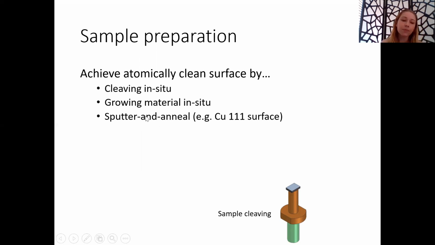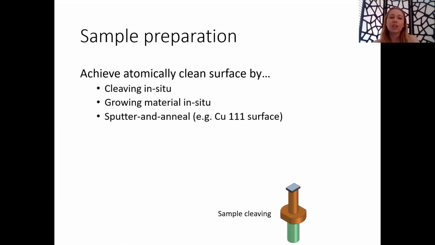And then finally, sputter and anneal is another way of achieving a clean surface. So basically, you put a material into the vacuum chamber that might have some impurities on the surface, and you come in with a sputtering gun, which basically shoots typically high energy argon at the sample, and that can knock off some of the impurities, also some of the atoms you want as well.